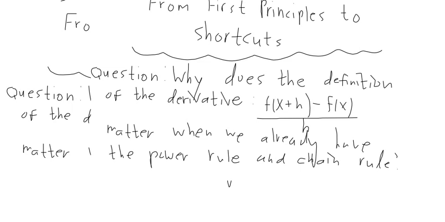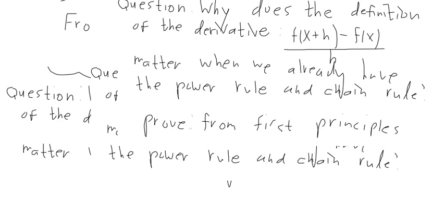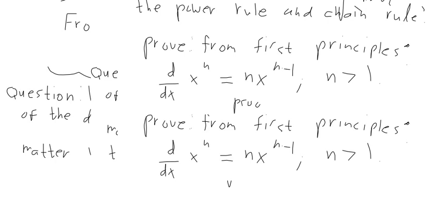So what we're going to do is prove from first principles that d by dx of x to the n is equal to n x to the n minus 1, where n has to be greater than 1.